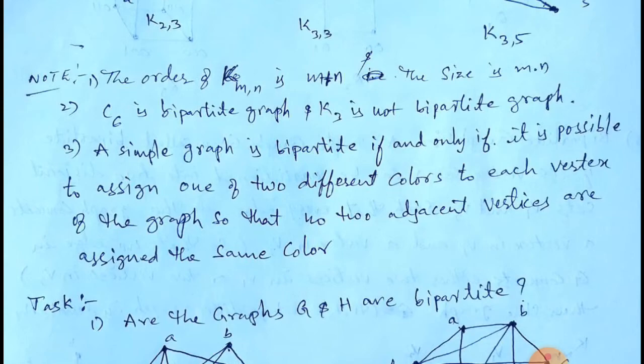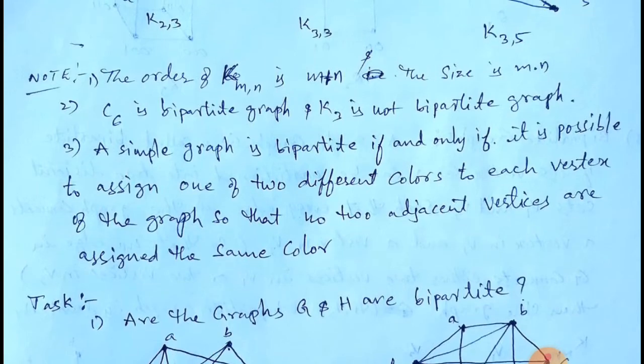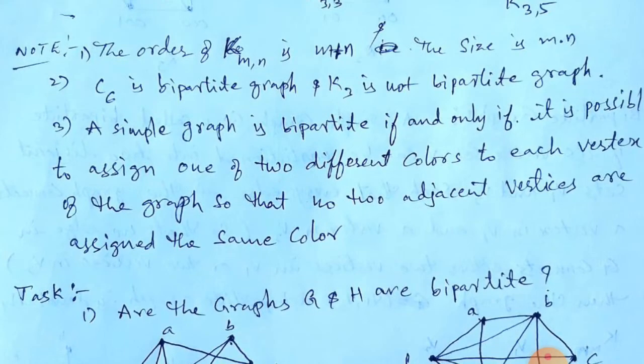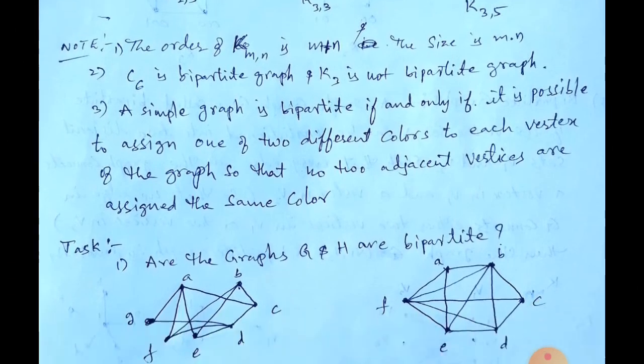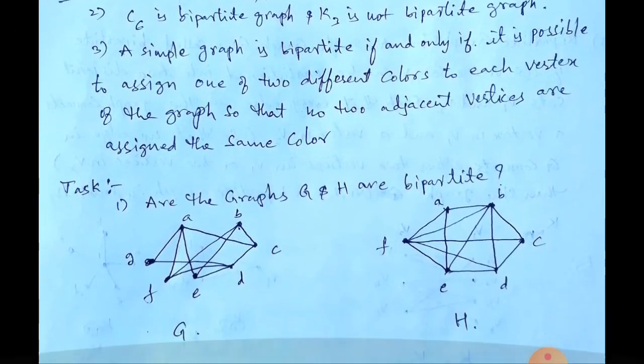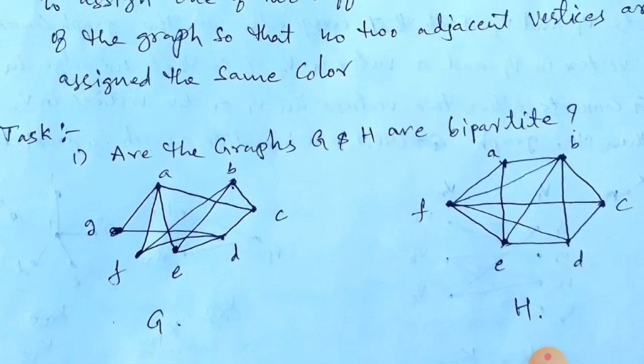Observe in the previous examples. A simple graph is bipartite if and only if it is possible to assign one of two different colors to each vertex of the graph so that no two adjacent vertices are assigned the same color. We will see graph coloring in the last unit. Then only it will be called a bipartite graph. Now observe a task for you.